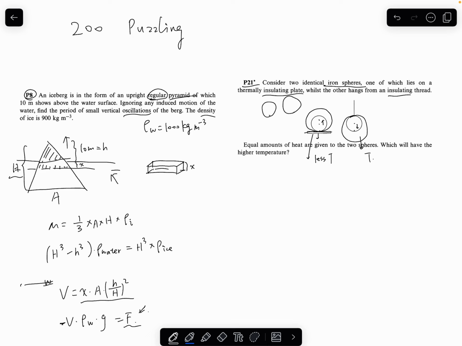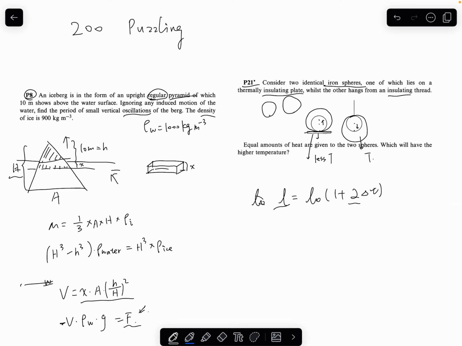And for all the problems concerning thermodynamics, you have to consider that L equals L0 times 1 plus alpha delta T, where alpha is the linear coefficient.